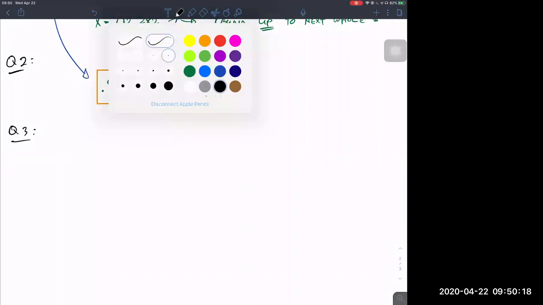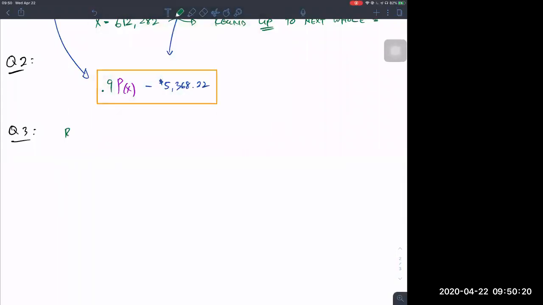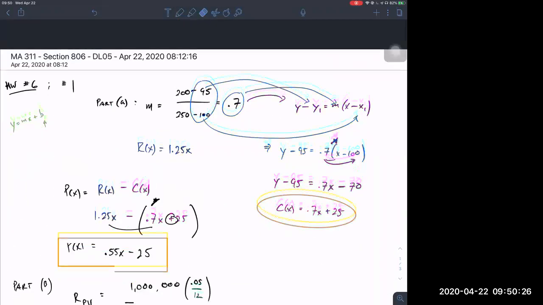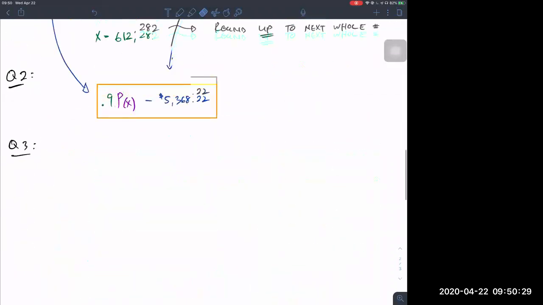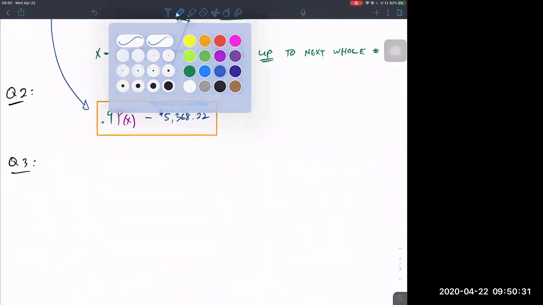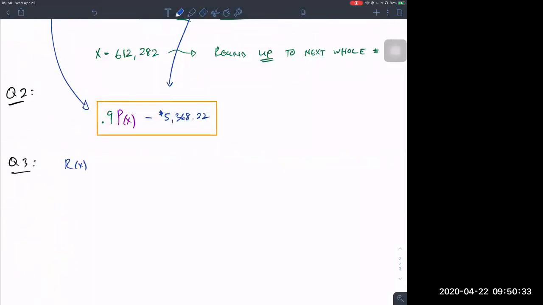So Sarah said that, hey, she already understands that means that the revenue function went from, let me match the color I used at the beginning. I used navy, so 1.25x. Okay, so we're talking about the revenue function here. Original revenue function is 1.25x.